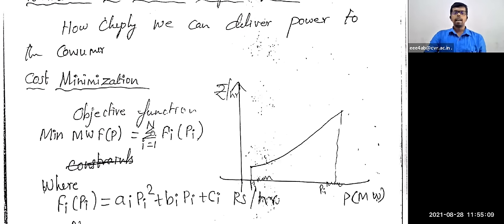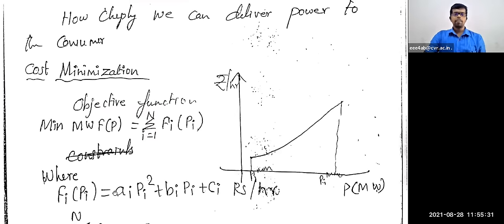Here N is the number of generating units participating in that particular dispatch. Fi of Pi is the fuel cost function, that is Fi of Pi equals ai Pi squared plus bi Pi plus ci, in rupees per hour.